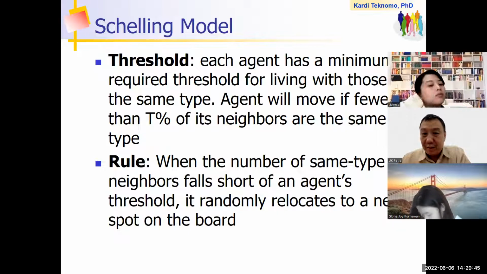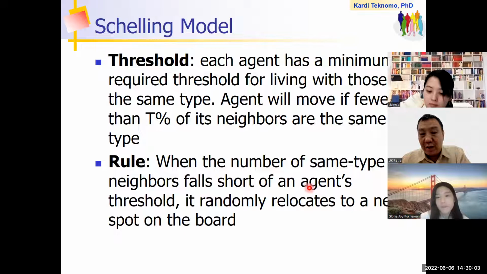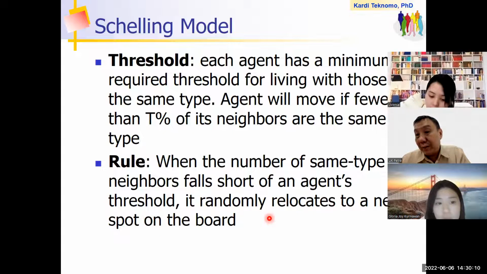So the agent will move if fewer than 3% of the neighbors are of the same type. So now the rule is this: when the number of neighbors of the same type falls short of the agent's threshold, then randomly relocate to a new spot on the board. So, random relocation.